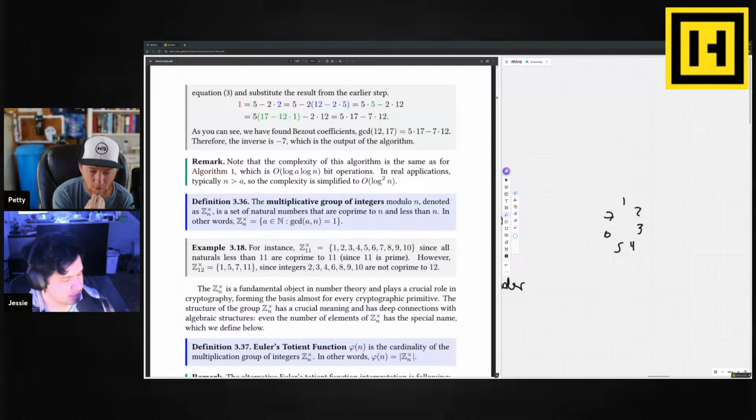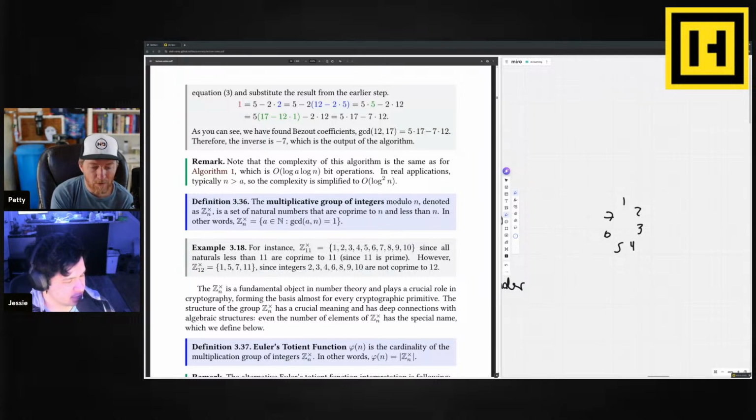And so combining, we have 5 times 17 minus 7 times 12 equals 1. As you can see, we have found the Bezout coefficients of the greatest common divisor of 12 and 17, equal to 5 times 17 minus 7 times 12. It's a different way of getting the Bezout coefficients by working backwards.